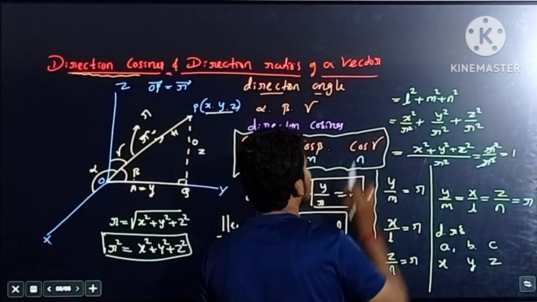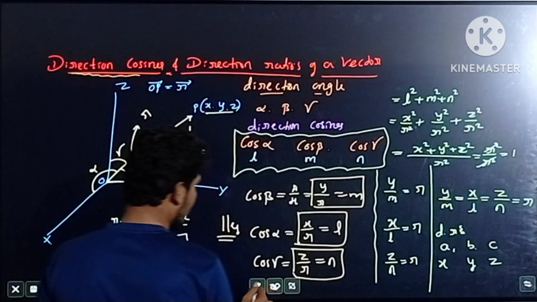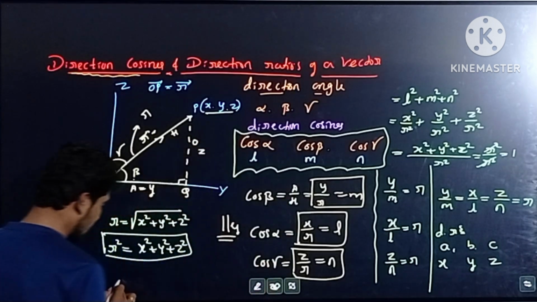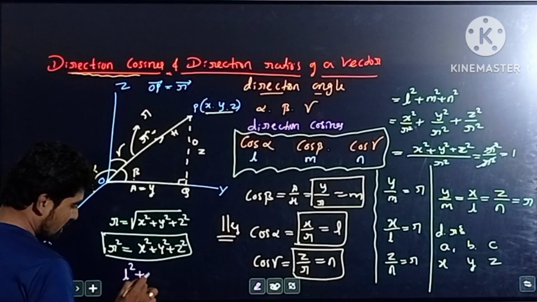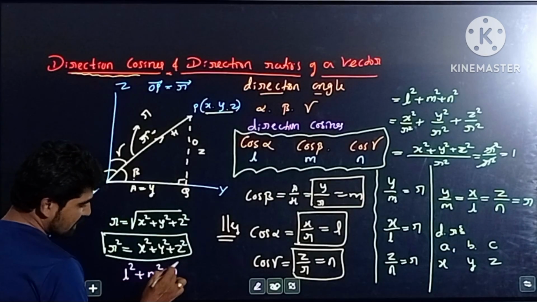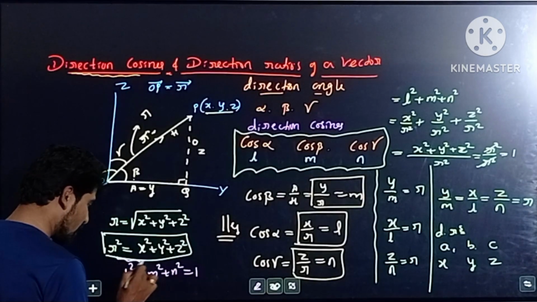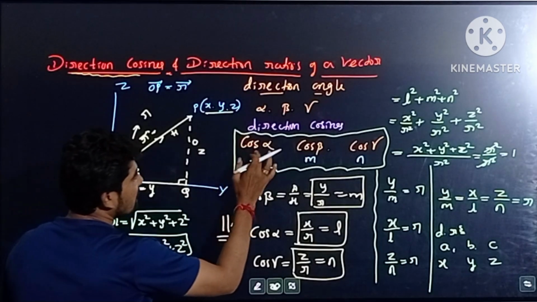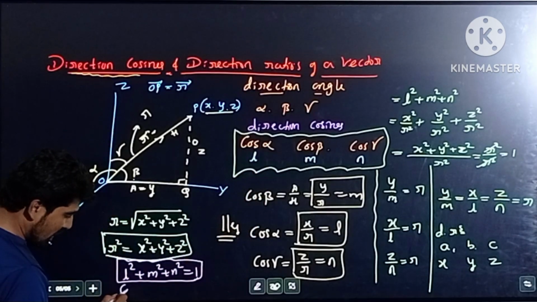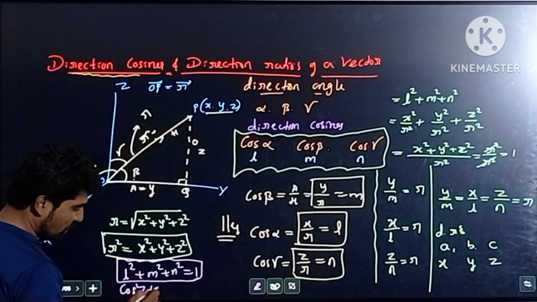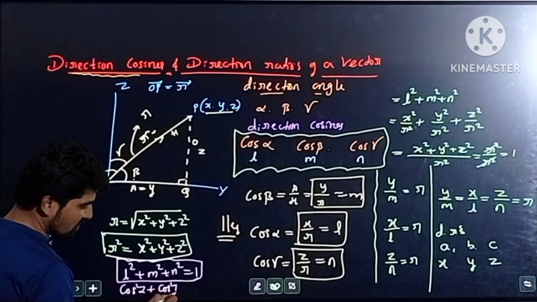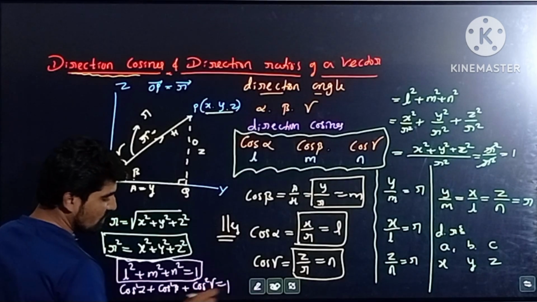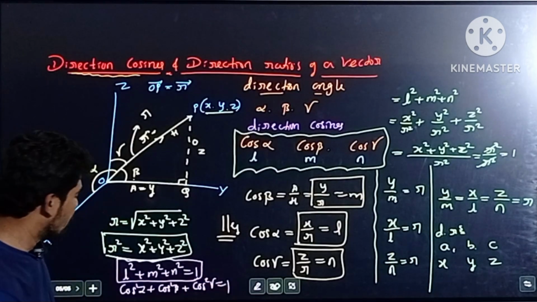So finally we got the relation between direction cosines of a vector: L square plus m square plus n square is equal to 1, one of the most important relations. Or you can also say that L equal to cos alpha means L square is cos square alpha plus m square means cos square beta plus n square means cos square gamma, which is equal to 1. I hope all of you understood.